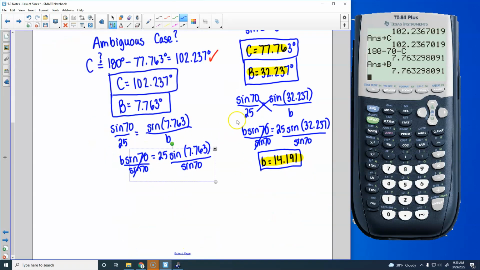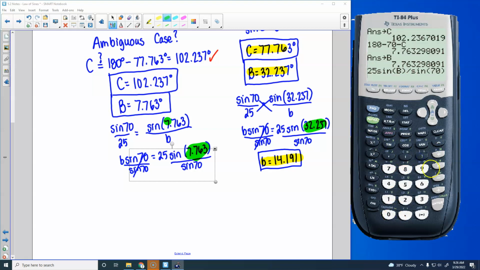But the only thing you changed was the angle values, right? So the way you solved it over here, the only thing that really changed was this angle right here turned into this angle right here. So you could just go back now and do 25 sine B divided by sine 70 without setting all that up if you want to save yourself a little bit of time.